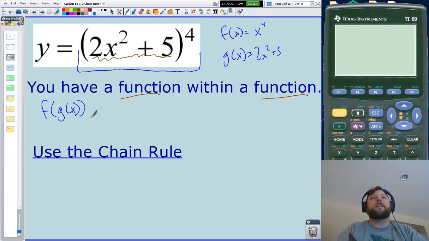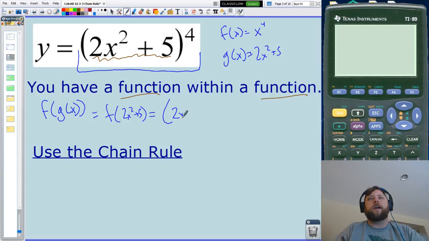So f of g of x is f of 2x squared plus 5, which just turns into, instead of x to the fourth, that (2x squared plus 5) to the fourth. So you have a composition function.